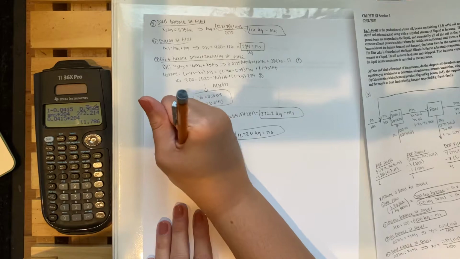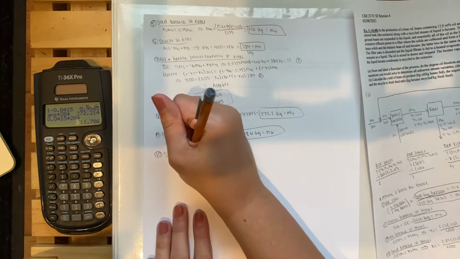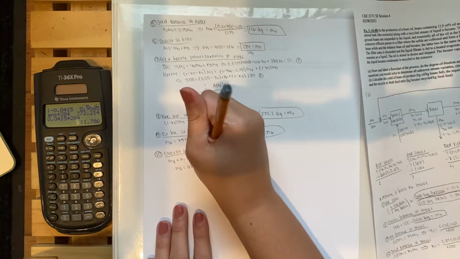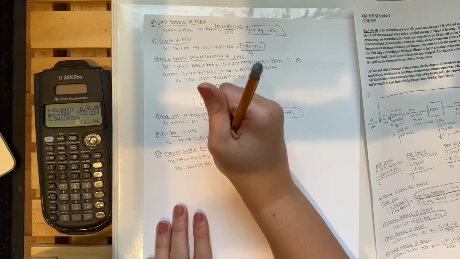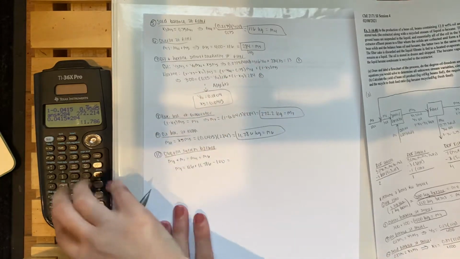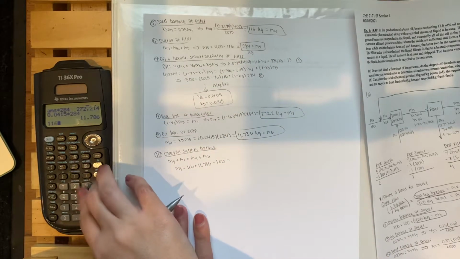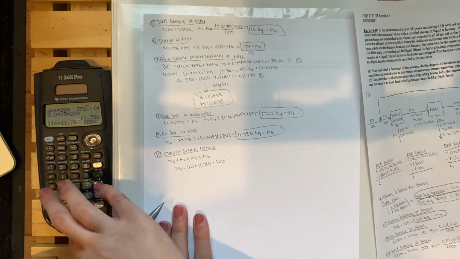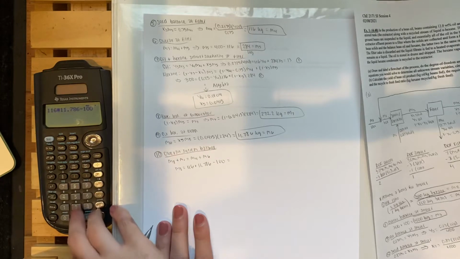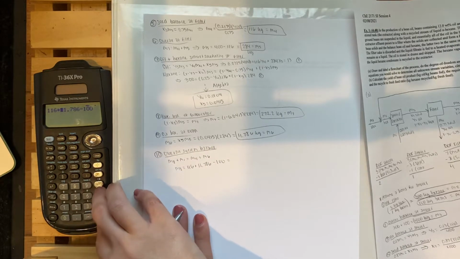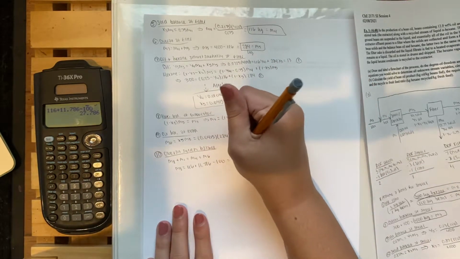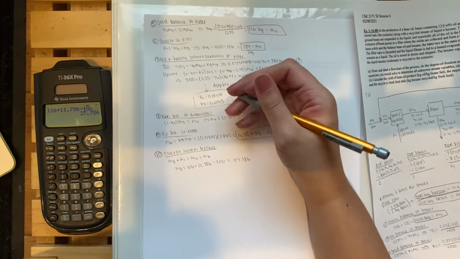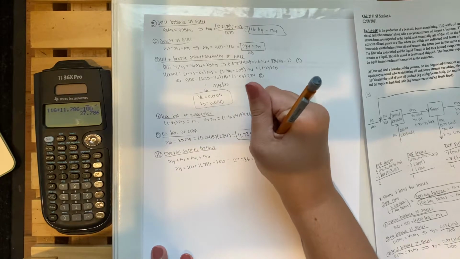And solving for our final unknown, which is M8, we get 116 plus 11.786 minus 100 is equal to 27.786. And that is M8.